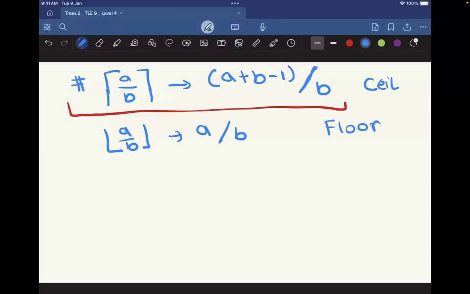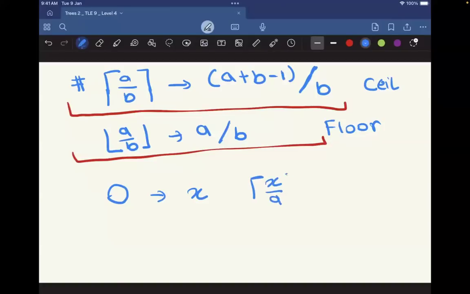Now, guys, if this much is clear, do you agree that if I want to make 0 to X, I would require ceil of X divided by D moves? Yes or no, guys? Tell me. Yes. Okay.